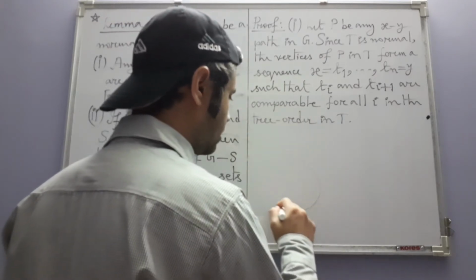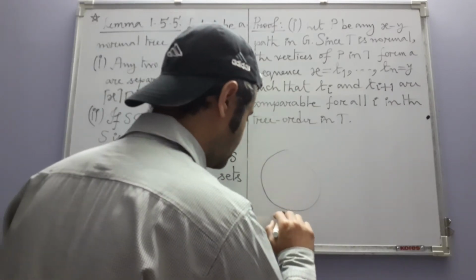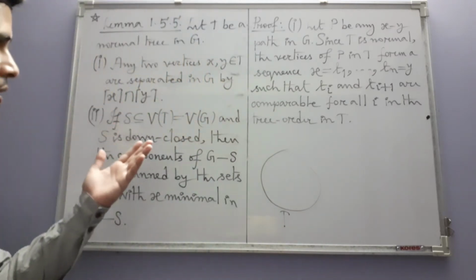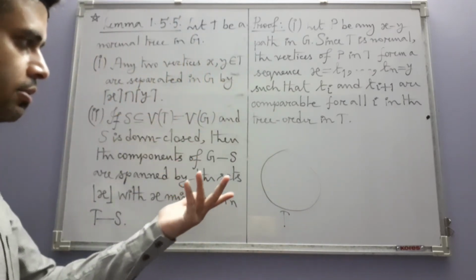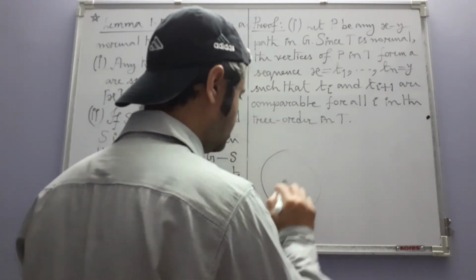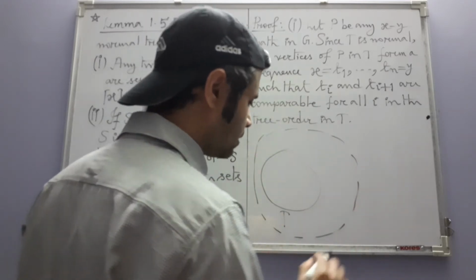So this is our tree. Say this is the tree T. In this part 1, we are not saying that the tree is a spanning tree. So there may be other things outside the tree in G. So G is there in the background, possibly bigger.